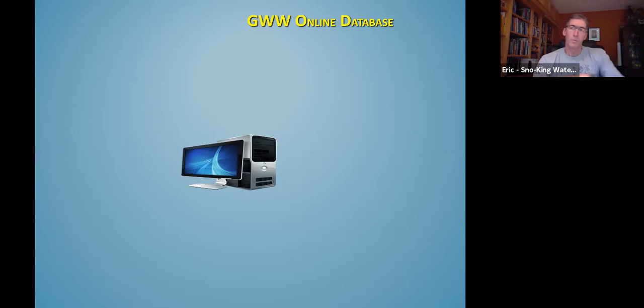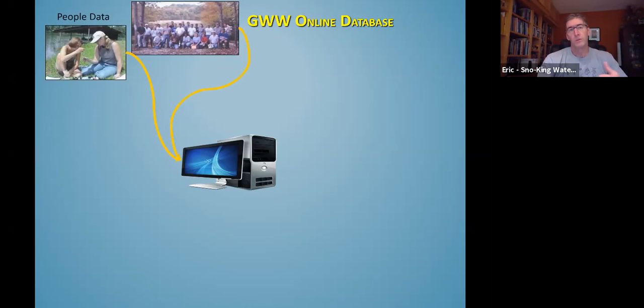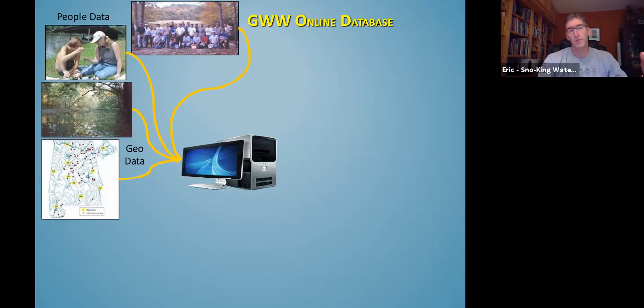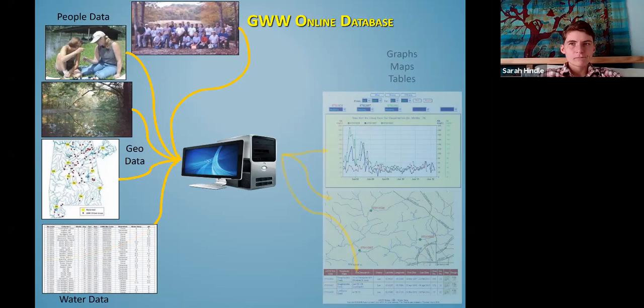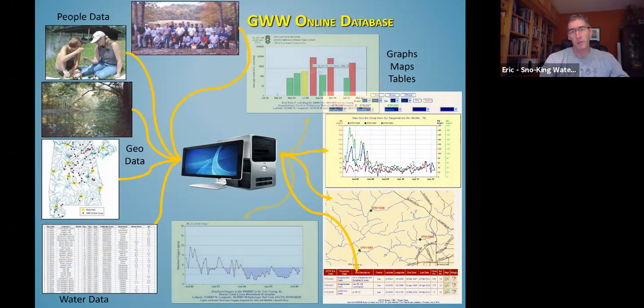So you've selected your site, you started water monitoring, you've collected your data, you entered it on the form, then you're going to enter it into a Global Water Watch online database, which tracks monitors, it tracks locations, it tracks the water quality variables, and then it gives you the ability to view that data with different maps and graphs and tables.